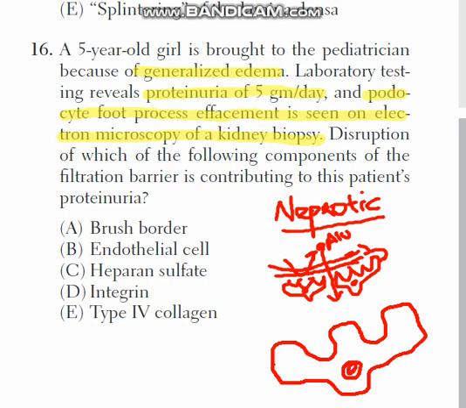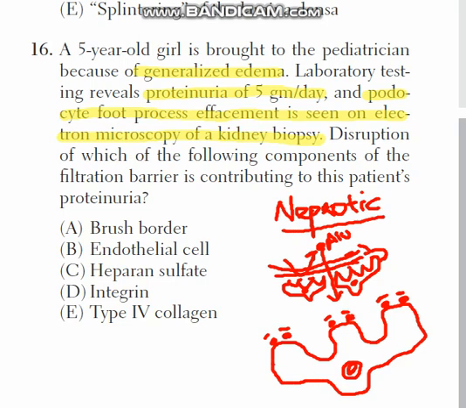The heparan sulfate molecules are present over the foot processes, and these heparan sulfate molecules are negatively charged particles. So the main component which acts as a charge barrier is heparan sulfate. The heparan sulfate is responsible for the charge barrier.